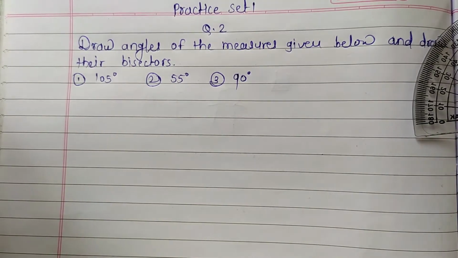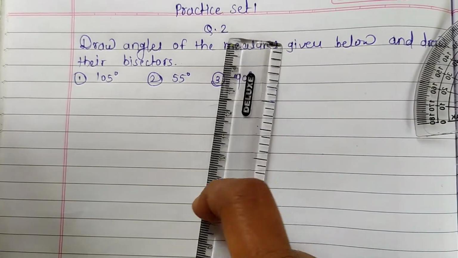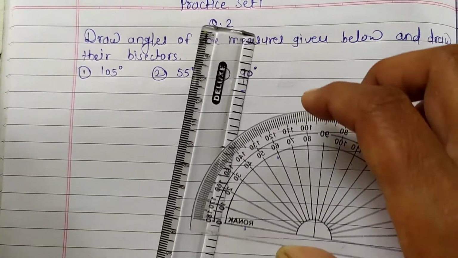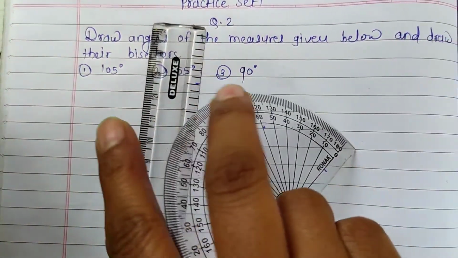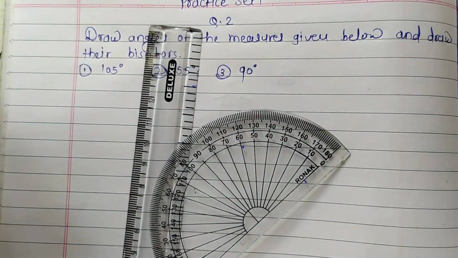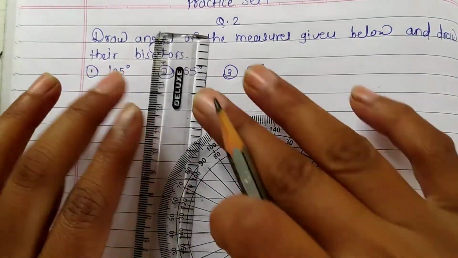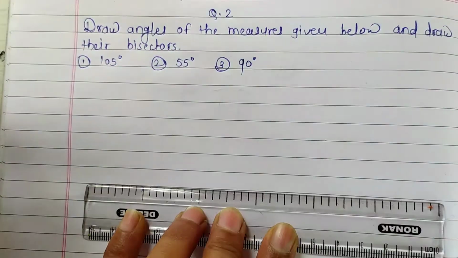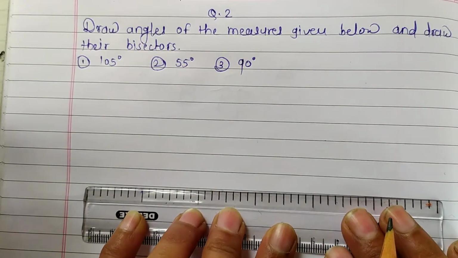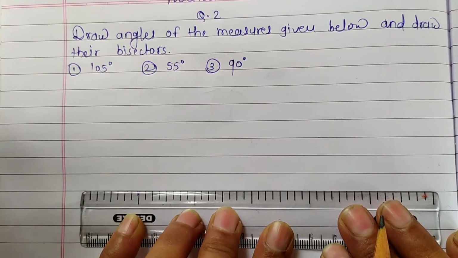To draw an angle, we have to use a scale, protractor and pencil. Let's draw it with the help of this. First of all, leave 4 to 5 lines on upper side.